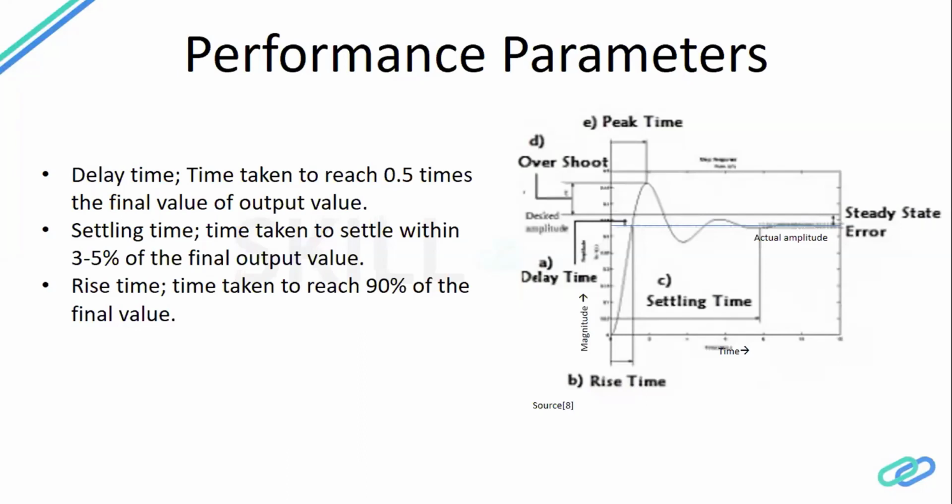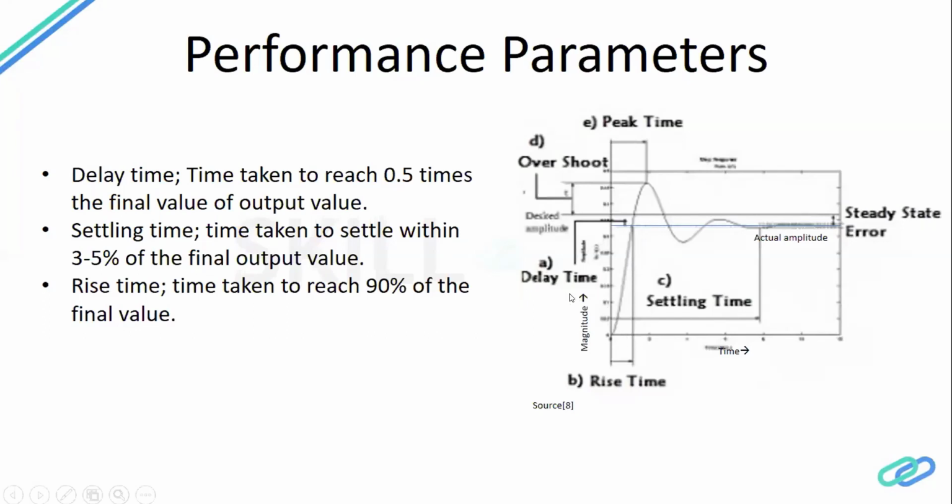After that, the delay time is how late your system is actually responding. Now there are several definitions for this, but the most widely accepted definition is that the time taken by a system to reach 50% of its final output is considered as delay time.